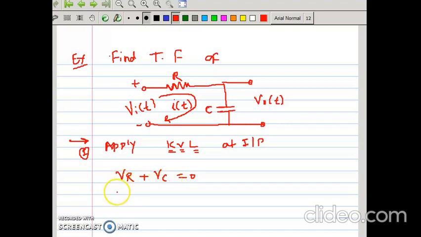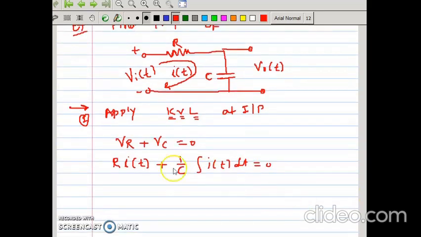What is VR? As we see in the formulas, VR is nothing but I into R. So we are putting R as it is, and I of t, plus VC is 1 upon C integration of I of t dt is equal to 0. So this is your first step.